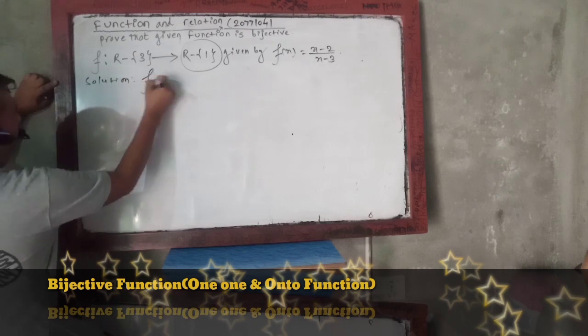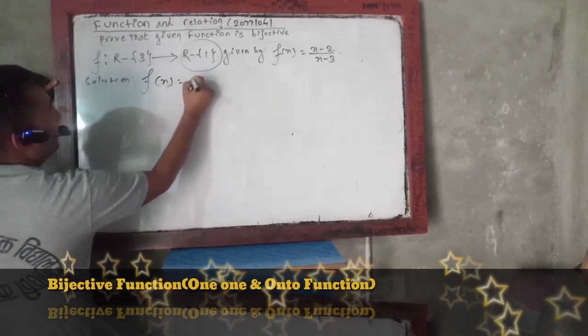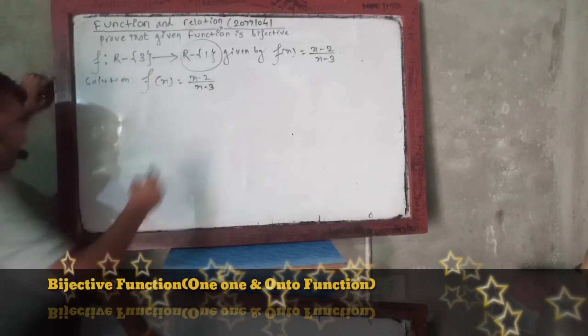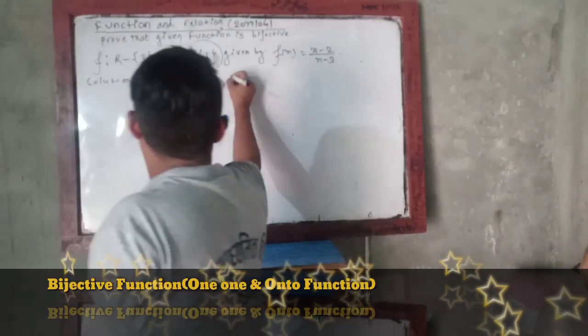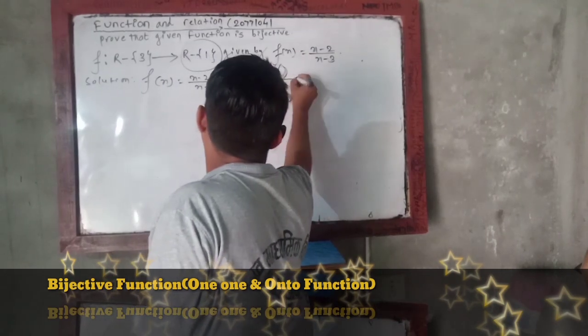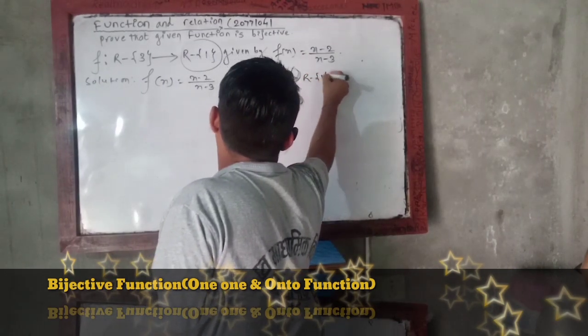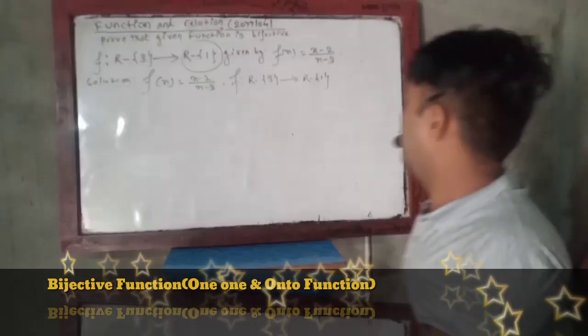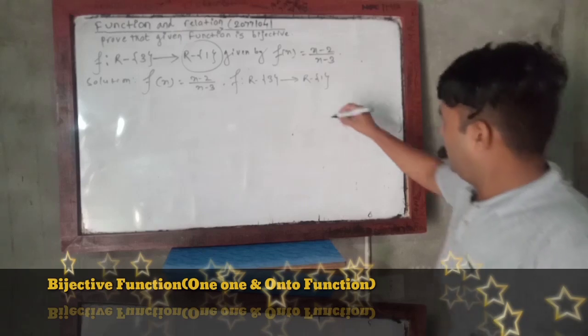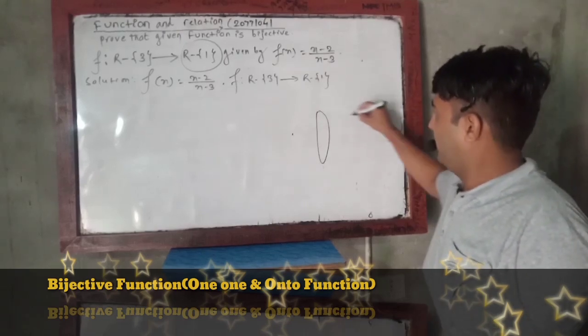Solution: f of x equals, what are we given here? x minus 2 all over x minus 3, and this f is from R minus {3} to R minus {1}. So we need to write this in full. First we observe this mapping diagram.